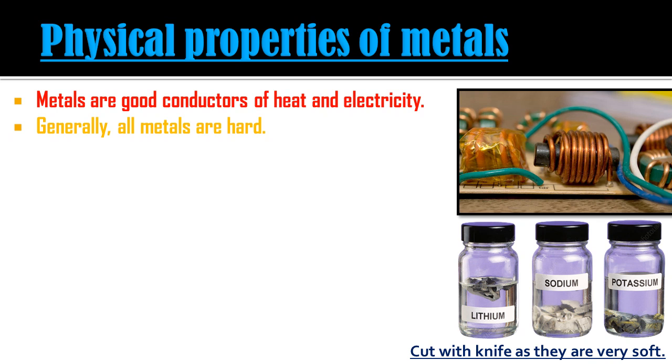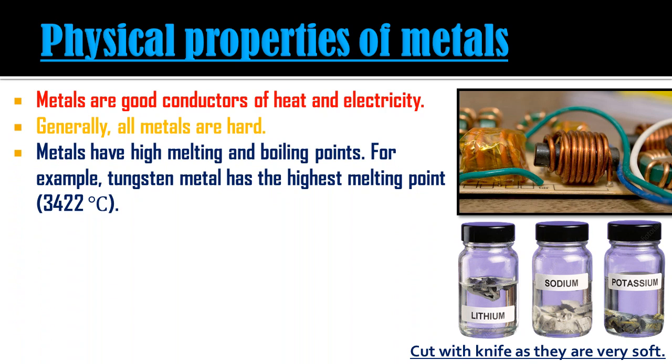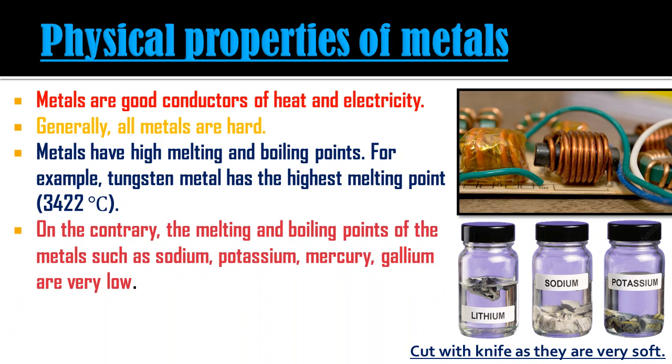And metals have high melting and boiling points. For example, tungsten metal has the highest melting point, that is 3422 degrees Celsius. On the contrary, the melting and boiling points of metals such as sodium, potassium, mercury and gallium are very low.